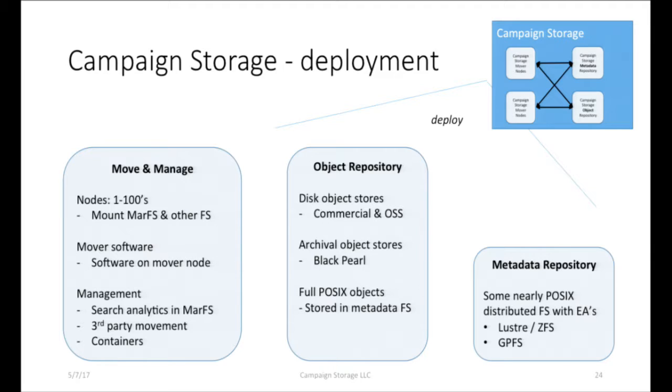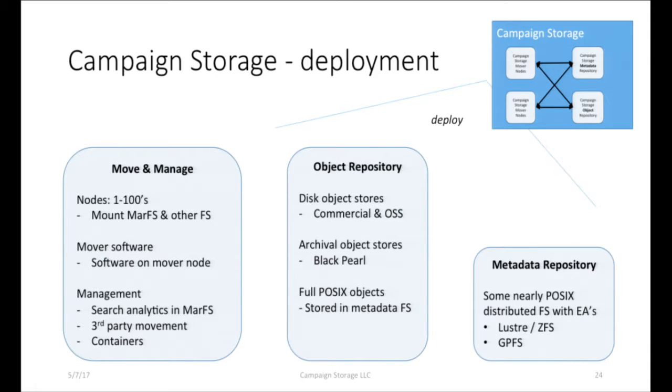MarFS already supports quite a few, and they're very easy to add. There could be archival ones. So we have had some luck with the Black Pearl object-based tape system that SpectraLogic builds. It is just an object store, but I'll tell you a little later that there are some special points about handling tapes that require a little bit of work to use it well.